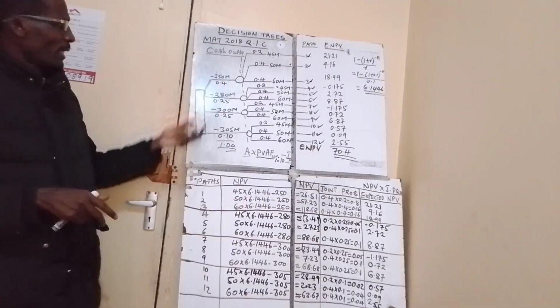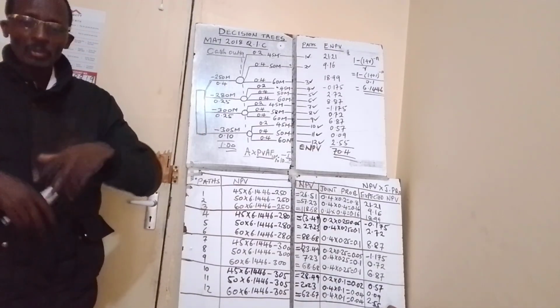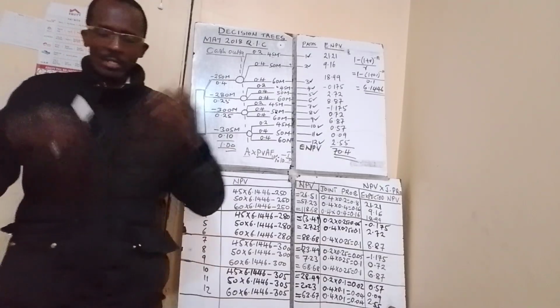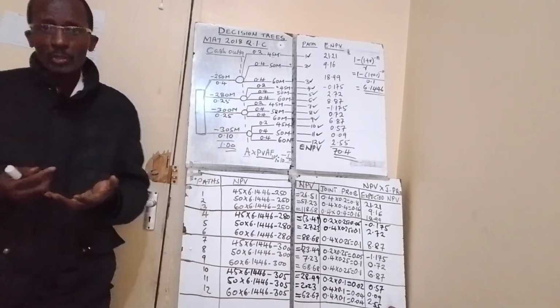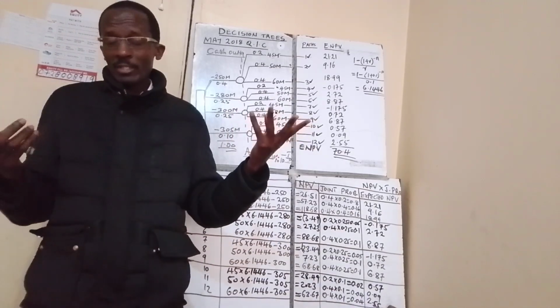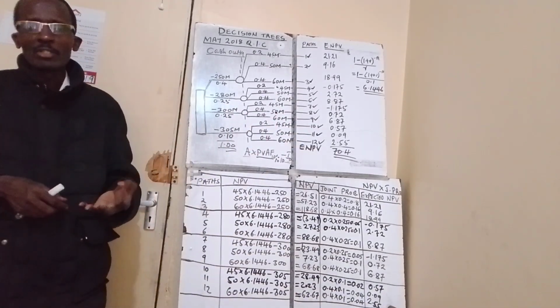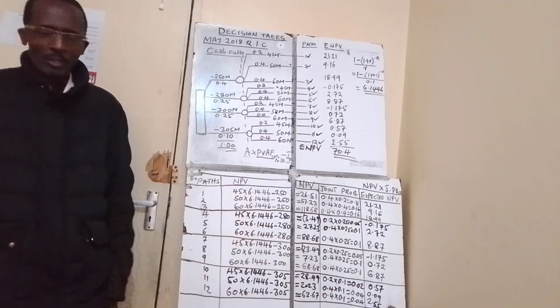Now, if the probabilities have not been given and there are 2 branches, you can assume that the weights are equal. So you can use 0.5, 0.5. If there are 3 branches and there are no probabilities, you assume 1 over 3, 1 over 3, 1 over 3.